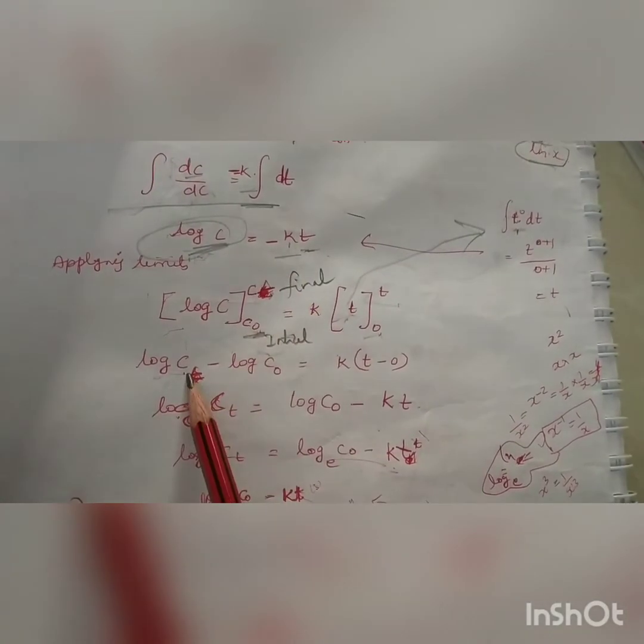So again, it can be written as ln Ct final value minus initial value, and K, final minus initial 0, and we are taking this to the other side. So we are rearranging the equation: ln Ct is equal to ln C naught minus Kt.